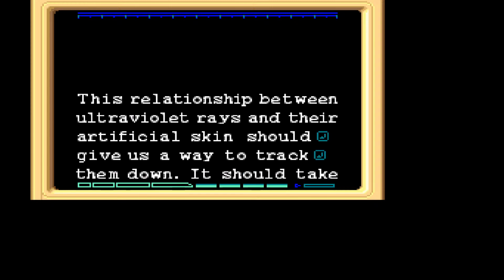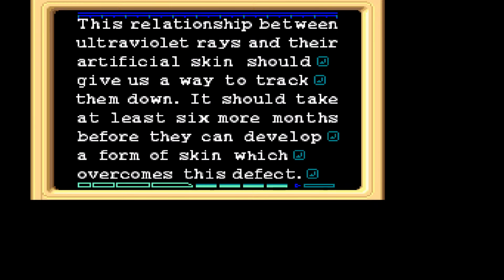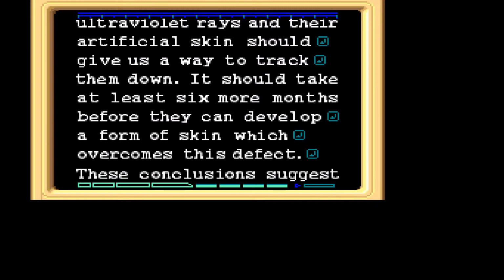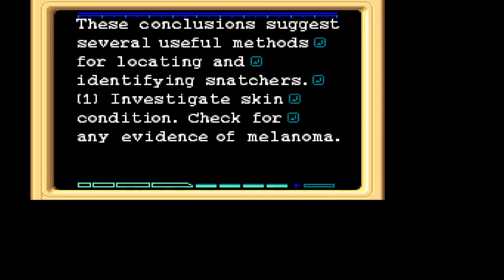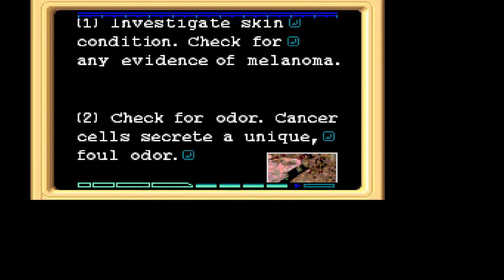This relationship between ultraviolet rays and their artificial skin should give us a way to track them down. It should take at least 6 more months before they can develop a form of skin which overcomes this defect. These conclusions suggest several useful methods for locating and identifying Snatchers. 1. Investigate skin condition. Check for any evidence of melanoma. 2.